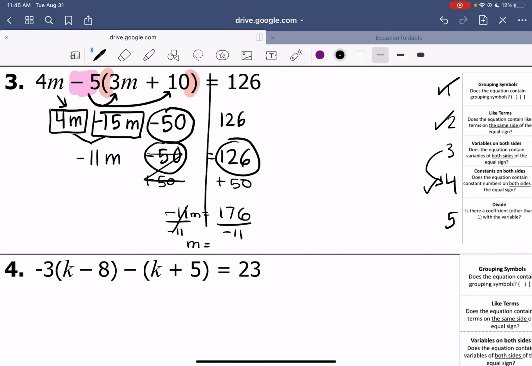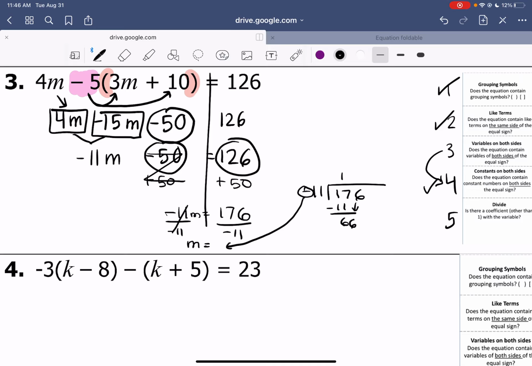And this is where you may not know your 11s. So I'm going to just do some long division right here. So let's just drop this sign until the end. I'm going to take this sign, and so I don't forget about it, I know it needs to be in my answer. So 11 into 17 is 1 time. 1 times 11 is 11. 17 minus 11 is 6, and then I'll bring down my other 6.